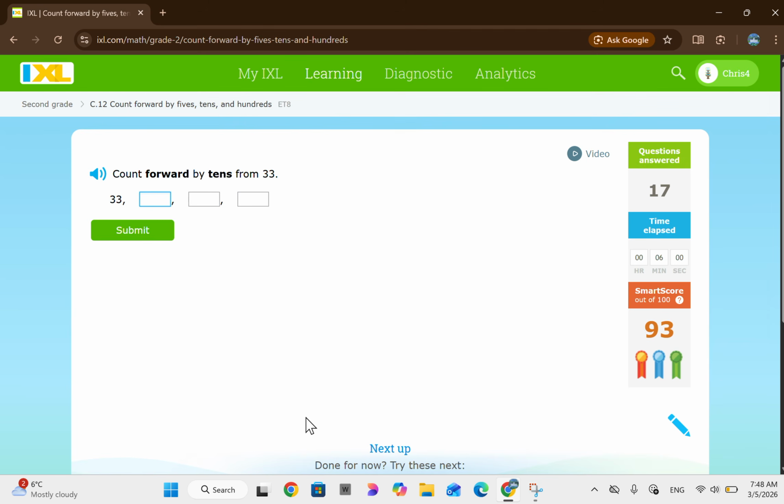Count forward by tens from 300. Listen. Count forward by tens from 33. What? So we have to add 33 plus 10?